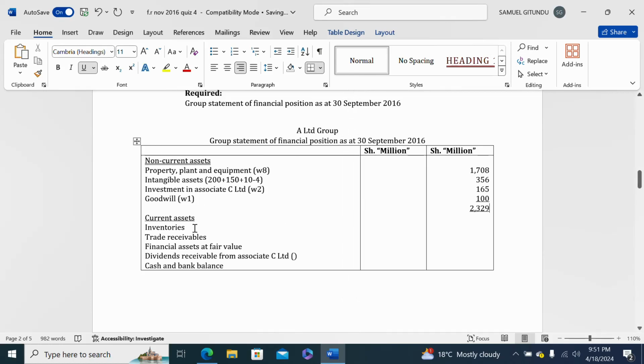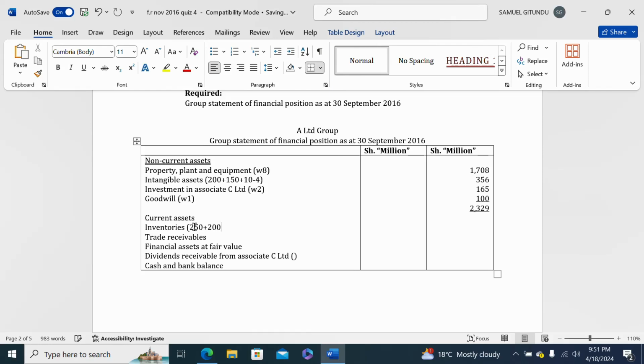So now we go to the current assets, where we start with the inventories. The inventories for A Limited is 250. We add the inventories for B Limited, which is 200.